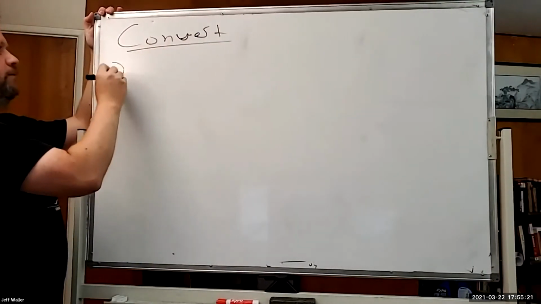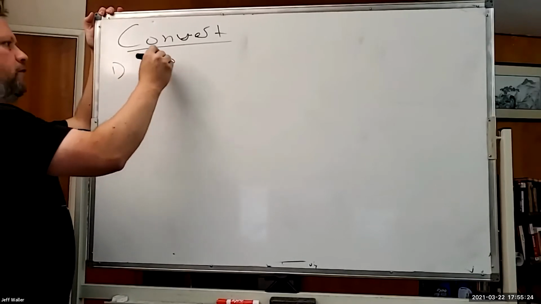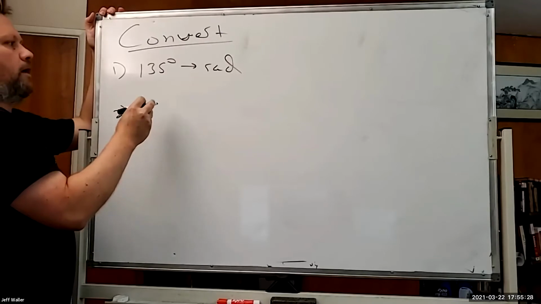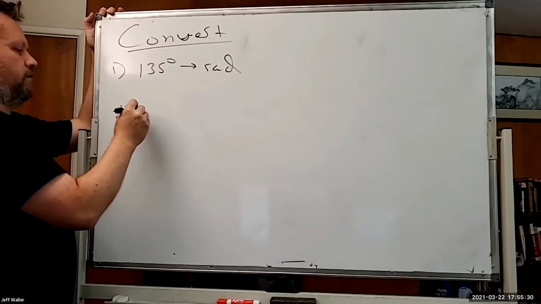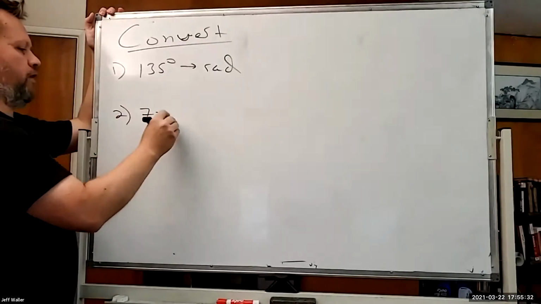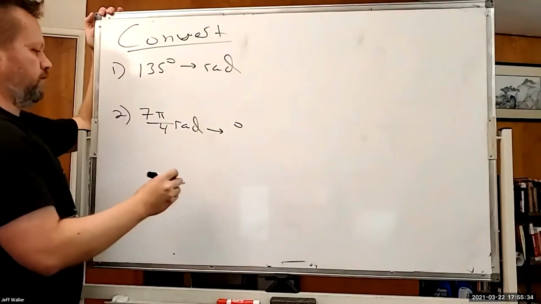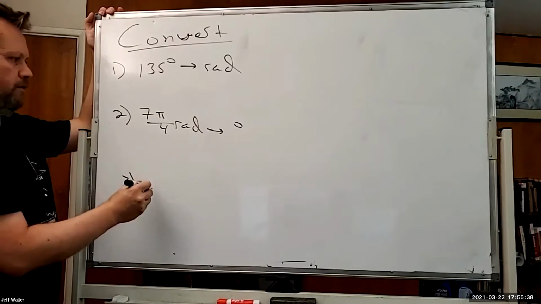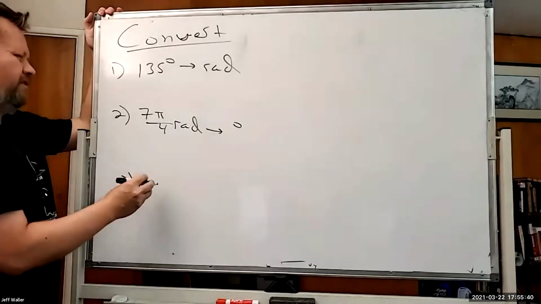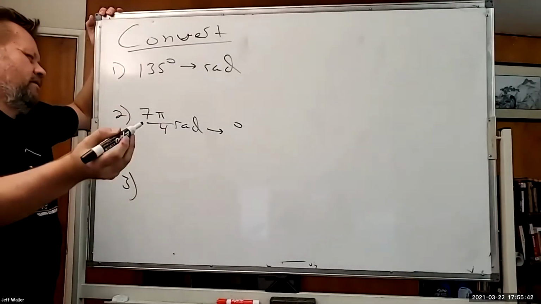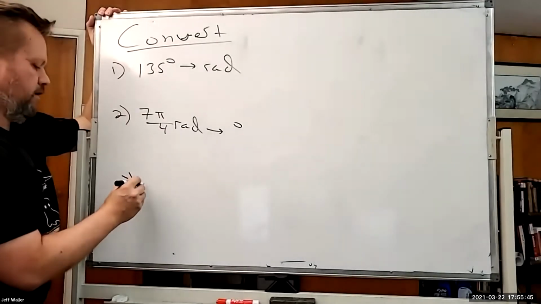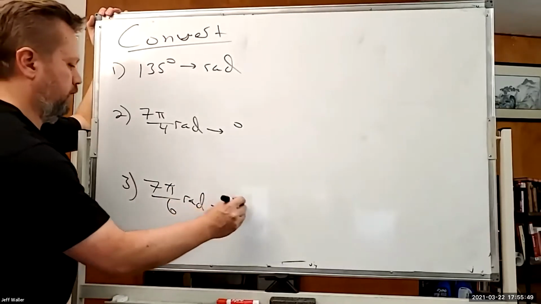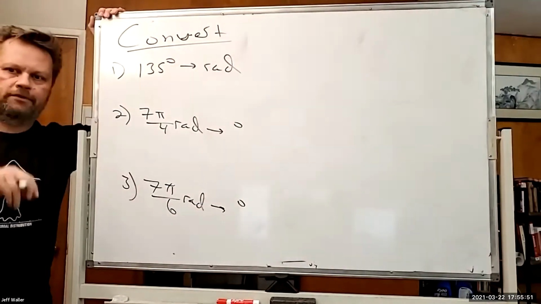Convert 135 degrees to radians. Convert 7 pi over 4 radians to degrees. And then convert 7 pi over 6 rad to degrees. All right, cool. Let's do those.